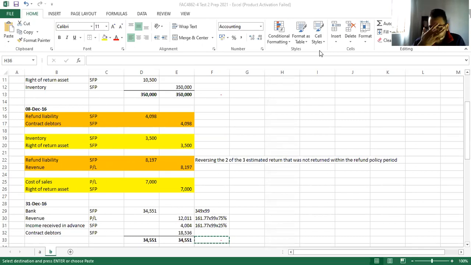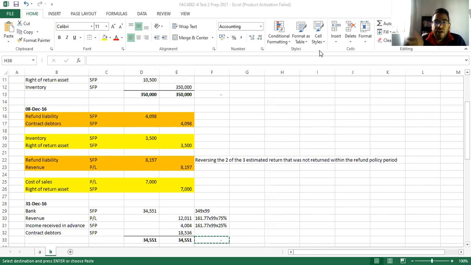With a contract with a right of return asset, when there is a refund liability, your journal entry is going to be credit revenue. With a refund liability, your journal entry for the cost of sales part is going to be credit inventory 100%, debit cost of sales with 100% less the refund part, which was 3%, and the right of return asset is going to be debit 3%.